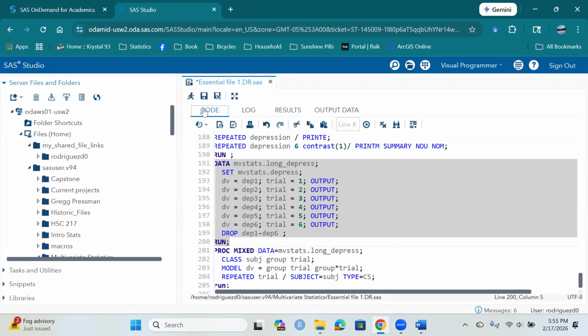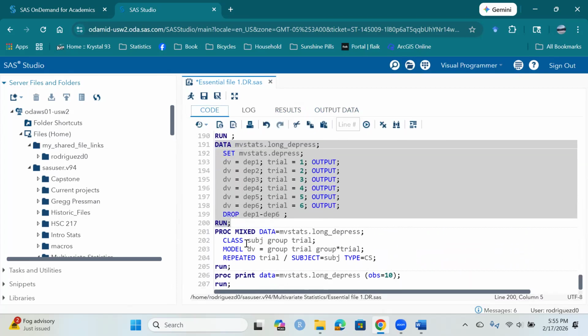Let's go ahead and run this PROC MIXED. So again, we have data as MV stats long depressed. Our class statement has subject, group, and trial. Subject is our participant variable. In the model, we have the dependent variable equal to group, trial, and then the group by trial interaction.